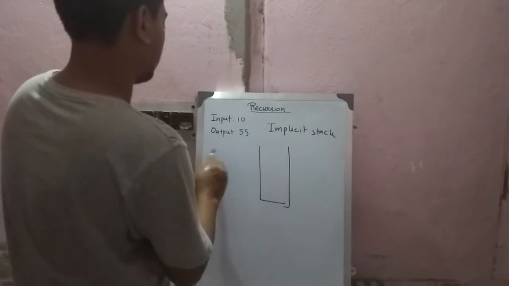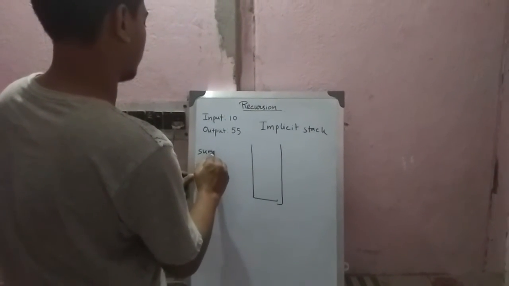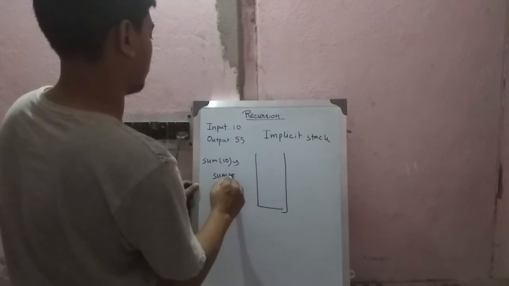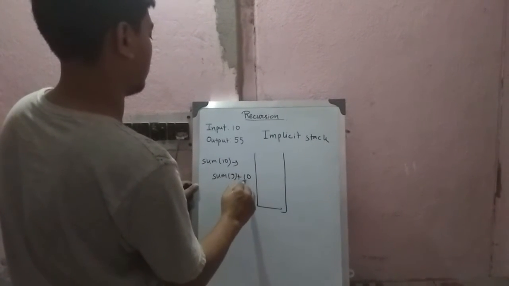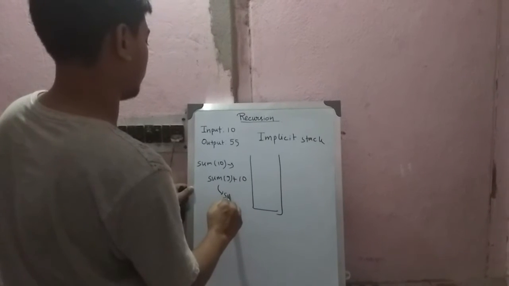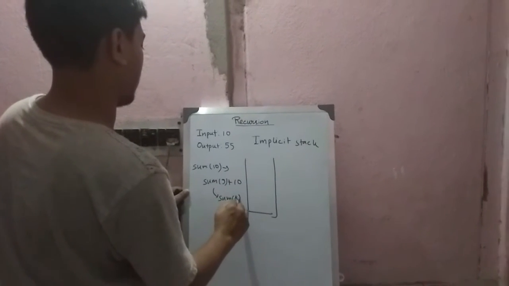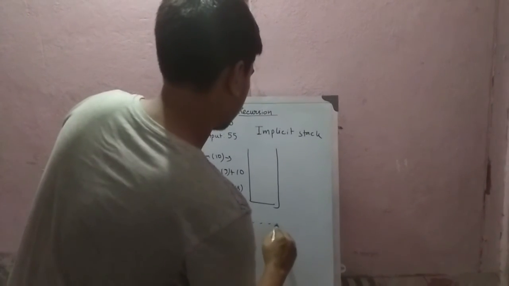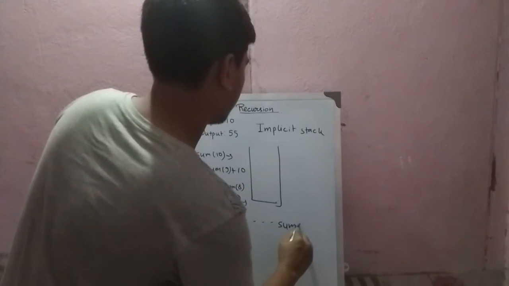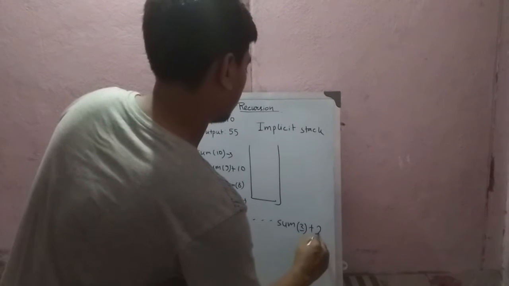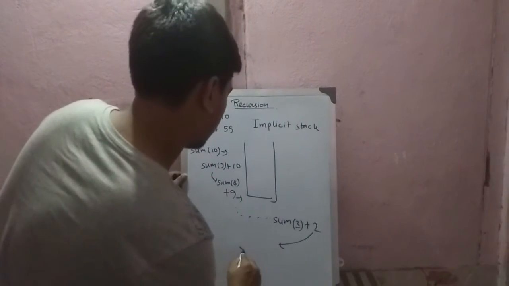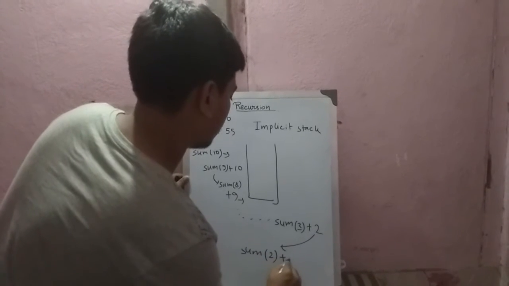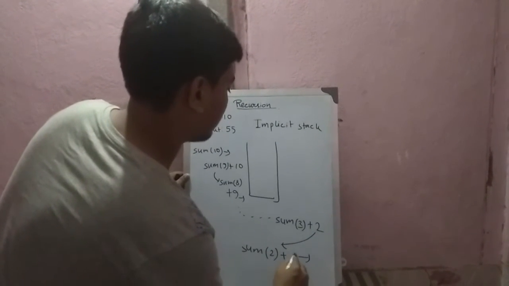When you call sum of 10, it will call sum of 9 plus 10. Then it will call sum of 8 plus 9, and so on, down to sum of 3 plus 2, then sum of 2 plus 1, and then sum of 1.